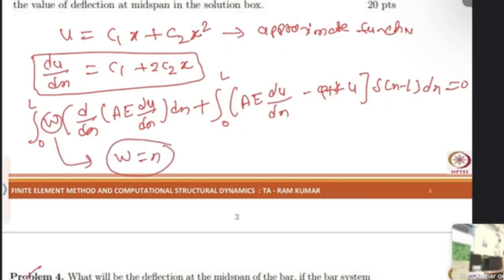And if you put all these values here, first we will assume this w equal to x, and second we will assume w equal to x square. Just we are assuming that weight function, and you will get the value. So these are like very long process.